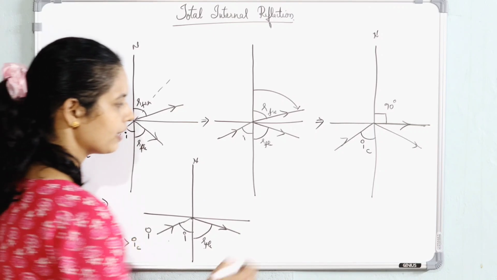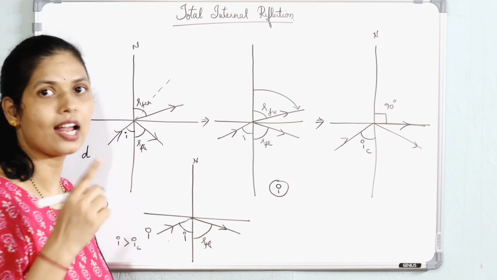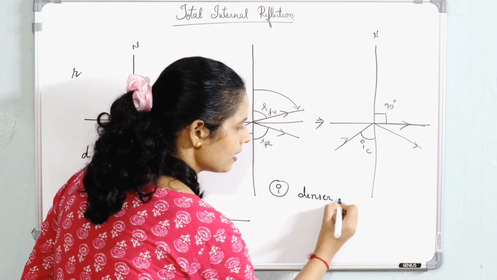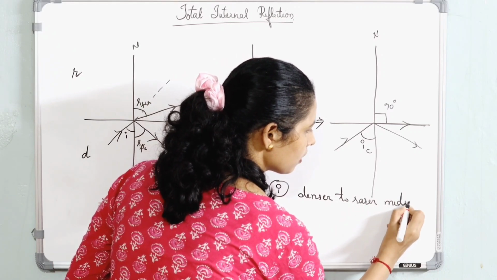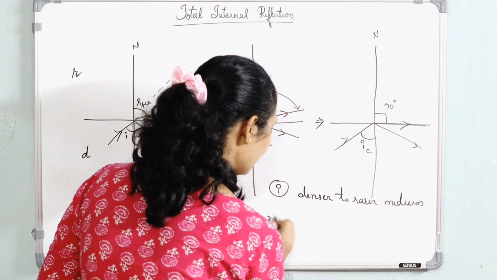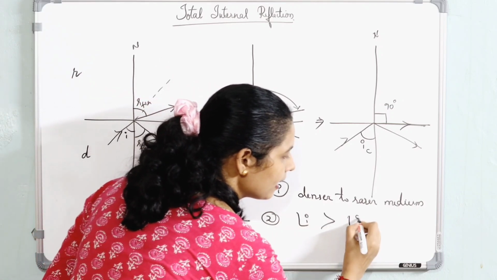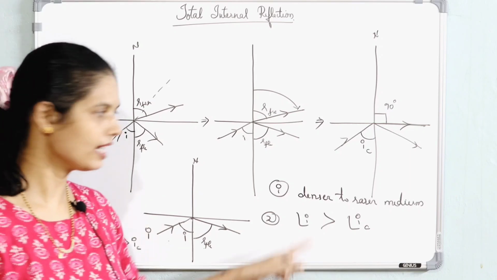In total internal reflection, there are 2 points. First point, the light ray should travel from denser medium to rarer medium. Second, the angle of incidence must be greater than the critical angle.